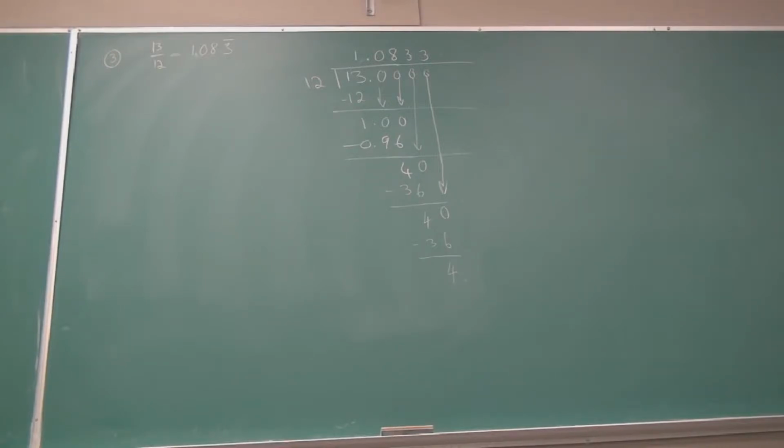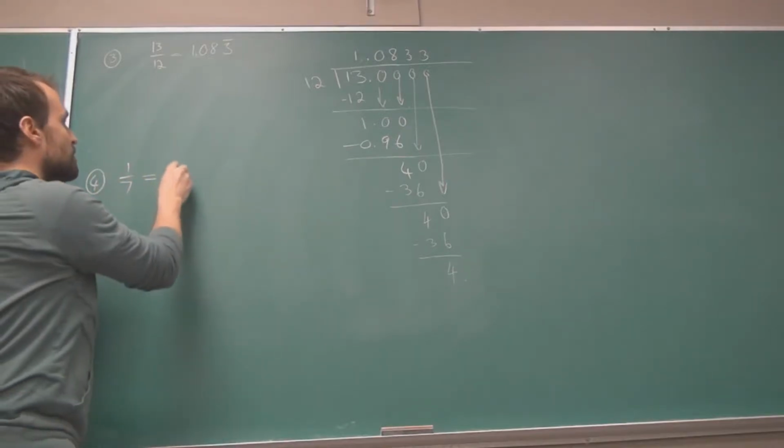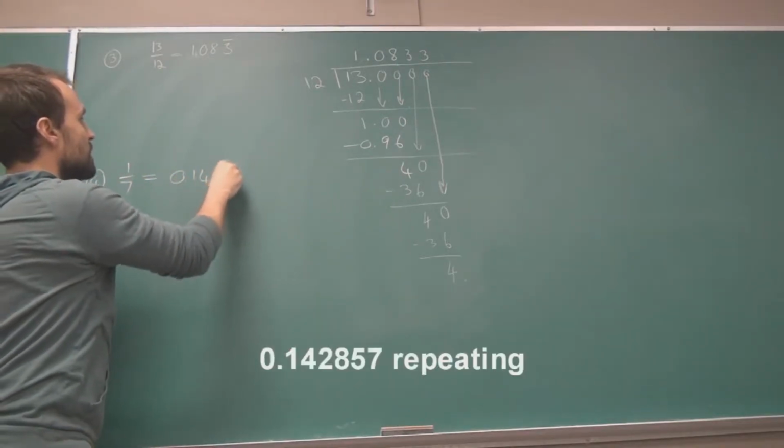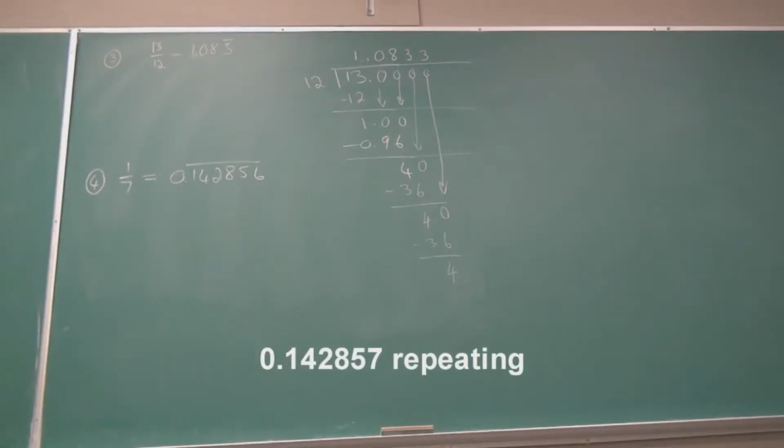What I want you to do is not listed. Do 1/7, just to see what the division looks like. And you'll see there's not one number that repeats, but many that repeat. You have to just see what the division looks like.